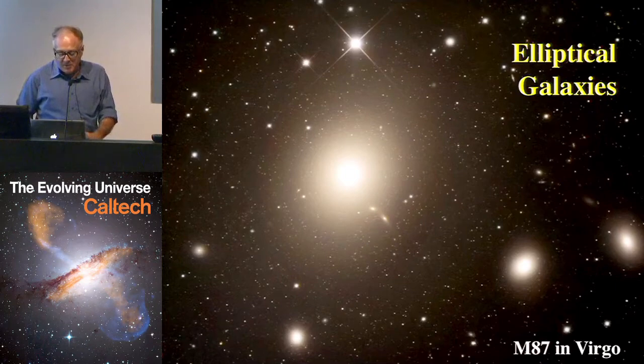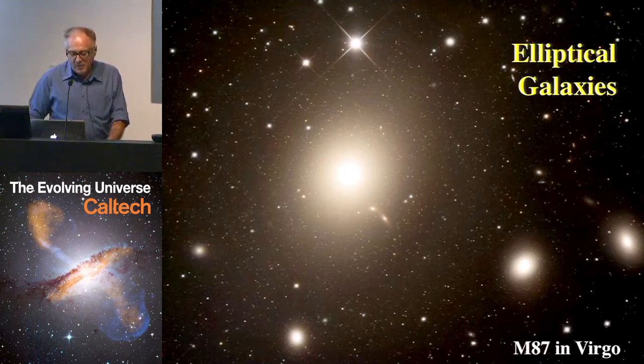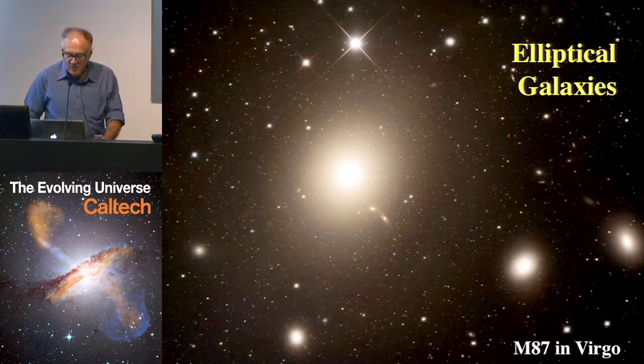So there are no spiral arms, there is no obvious star formation, and so in fact Hubble kind of defined ellipticals as not having any star formation or spiral arms and things like that. He was actually incorrect in terms of star formation. There can be some star formation in ellipticals, but that's a more recent development.